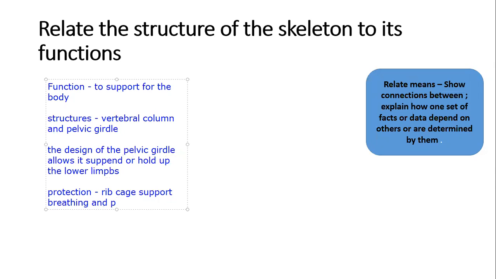All right. So we have support breathing, and we have what now? It protects the lungs and the heart. The question then: what about the rib cage that helps to support breathing? What about it?